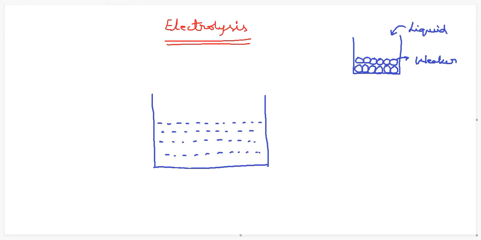Now I want to use two electrodes. This is one electrode and this is another electrode.